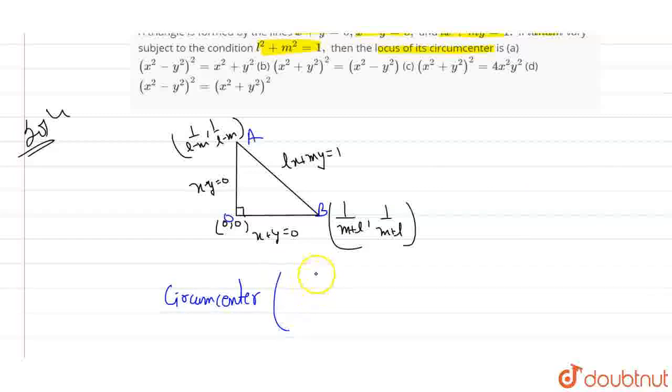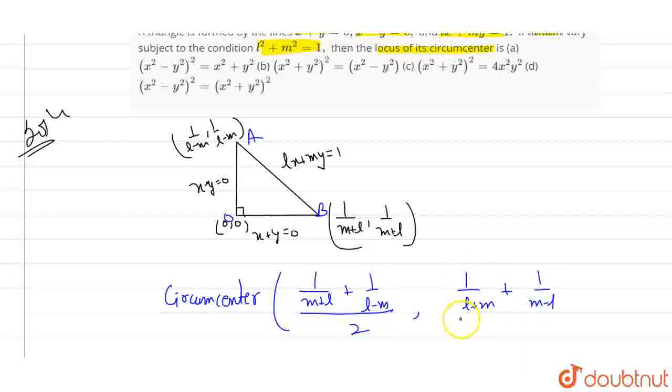This will be 1 upon m plus l plus 1 upon l minus m, by 2. And this will become 1 upon l plus m plus 1 upon m minus l, by 2.